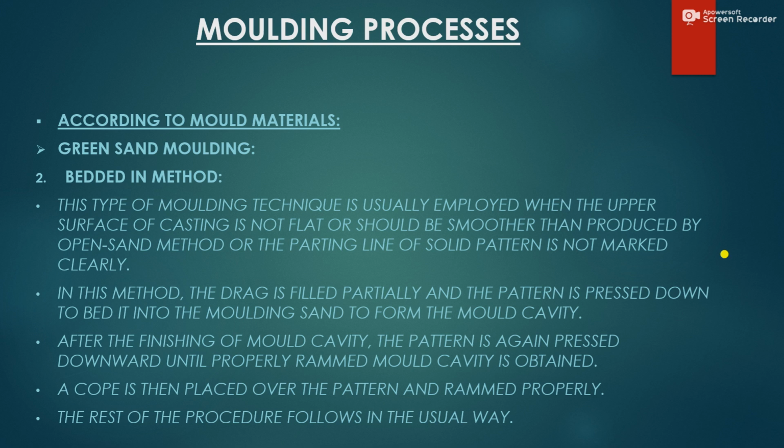When the pattern is pressed on the drag box, it forms a mold cavity inside it. After the pressing is completed, the pattern is pressed again downward until it is properly rammed inside the mold cavity.